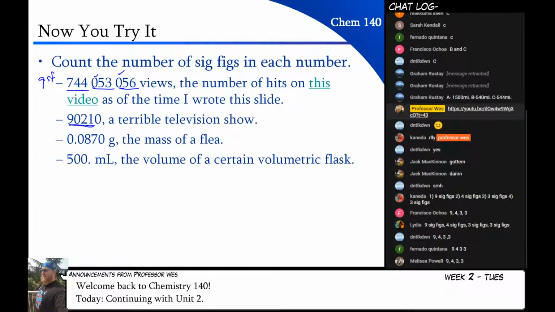Anyway, these digits are significant because these are not zero. This is a sandwich zero. There's no decimal point, so this one is not significant. Down here, I do have a decimal point, so I do have to pay attention to the decimal rule. So these count, and this counts because it's to the right.